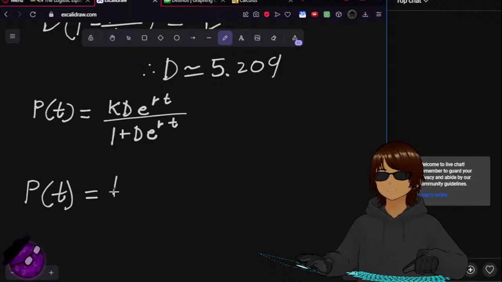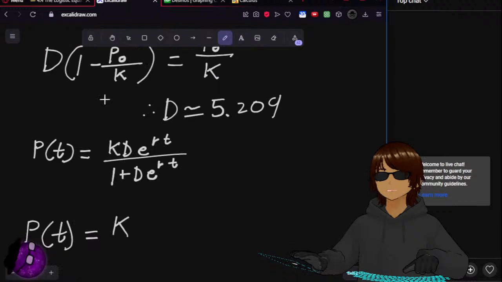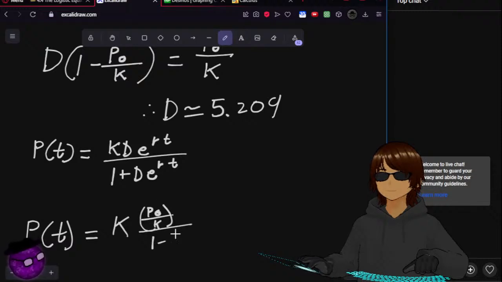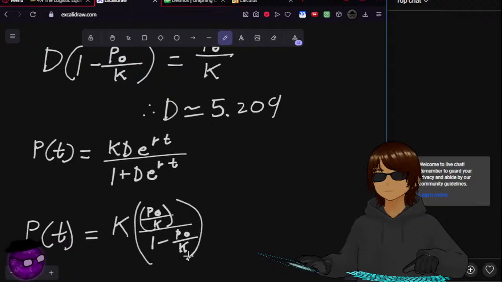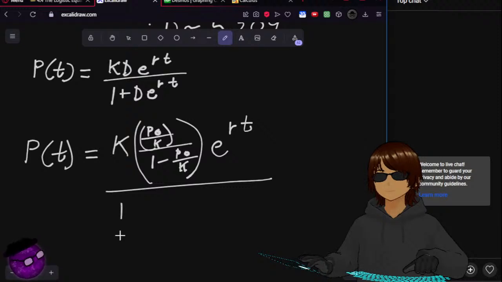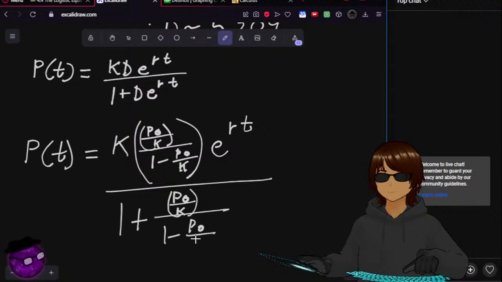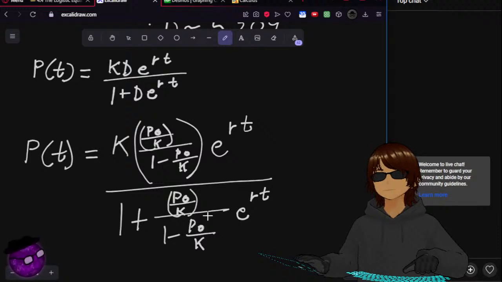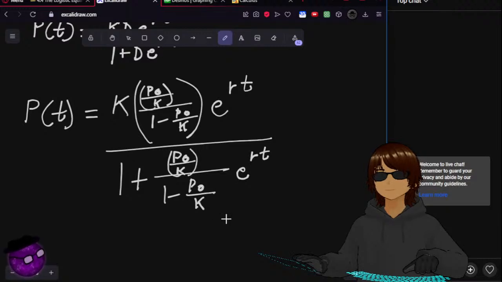So pt is equal to k times p over k. Now what?